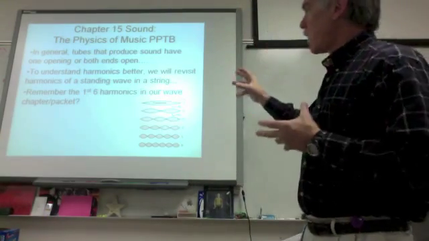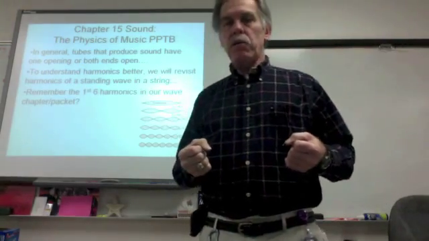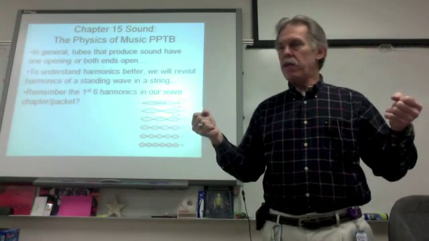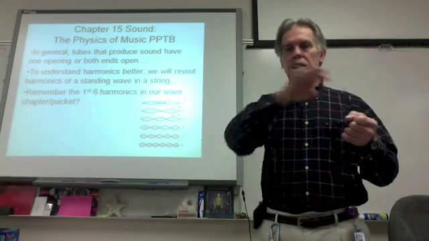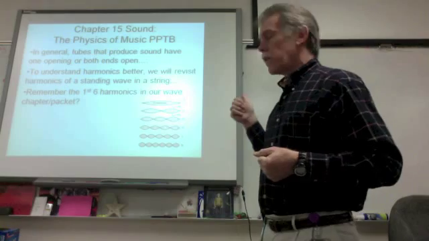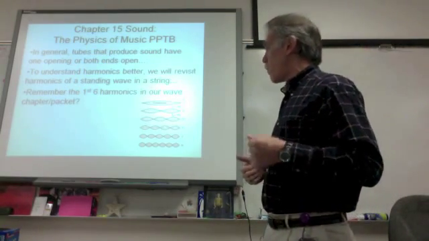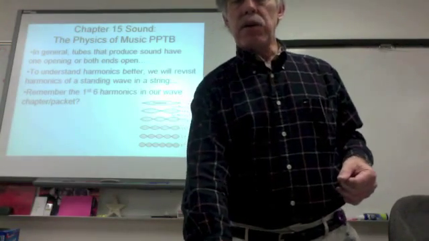So just look at that and understand that the fundamental frequency would be where the two nodes, the two ends, are tied, and the only way we could do the simplest vibration would be to have one antinode in the middle. If we speed this up a little bit, you'll get two antinodes. You speed it up a little more, you get three antinodes, 4, 5, and 6. Those are the different harmonics for that string.